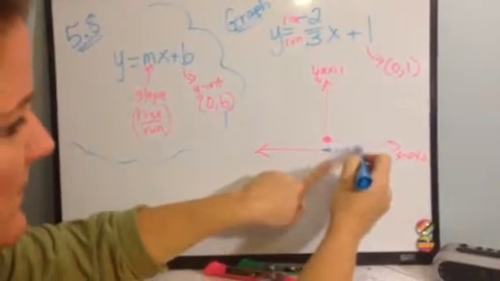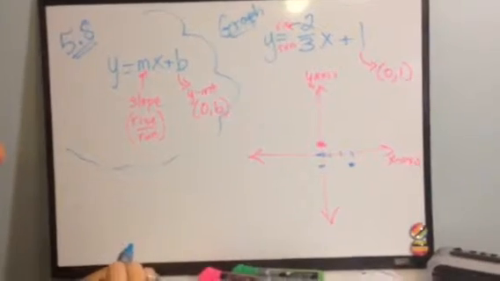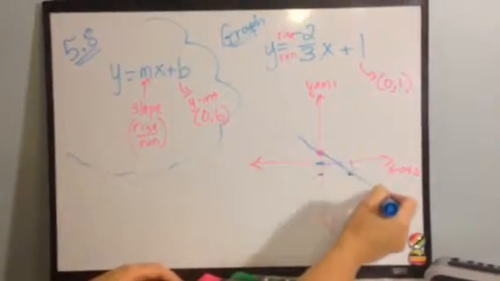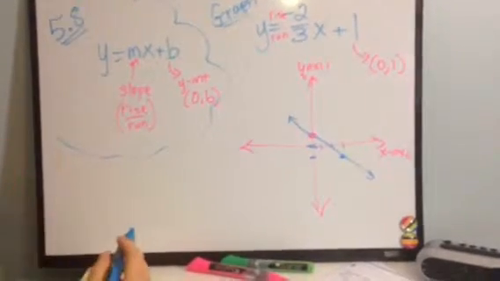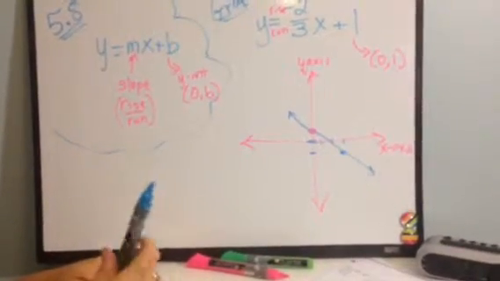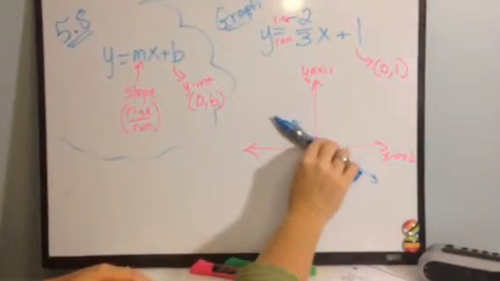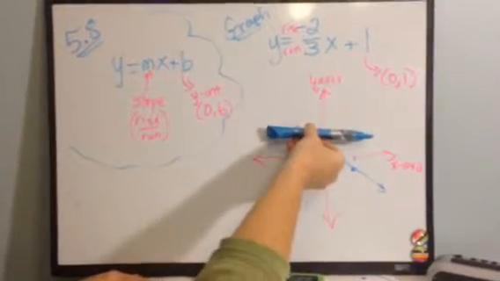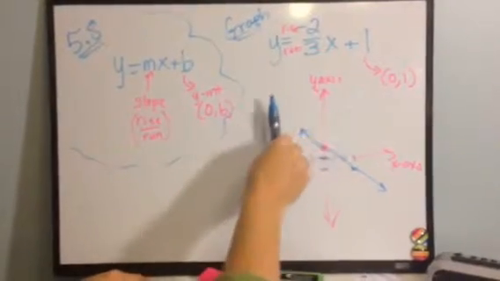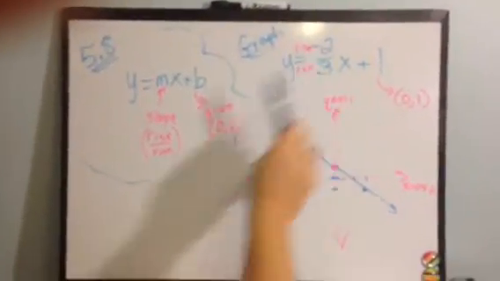So 1, 2, 3. Put my point where those come together, and voila, I've graphed that linear equation. Keep in mind, back when we talked about slopes, a line that tends this direction has a negative slope, positive slope, no slope, zero slope, or an undefined slope. So this makes sense. This is a negative sloping line.